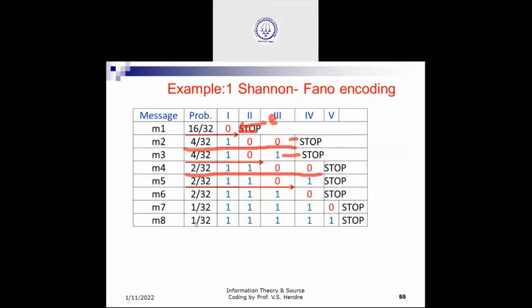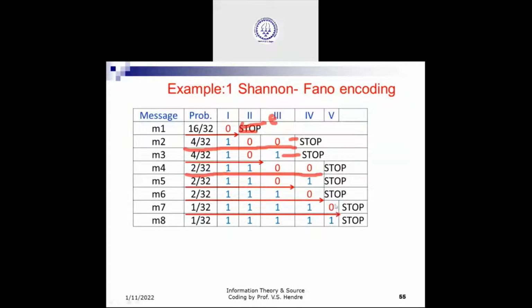Similar thing I can do now for the lower part. Here it is 2 by 32. Here it is 1 by 32 plus 1 by 32, 2 by 32. So the division will be carried out here. Upper part I will assign binary 0. Lower part I will assign binary 1. Here there is a single element, so my process will stop. Again, for the lower part there are two elements, 1 by 32, 1 by 32.